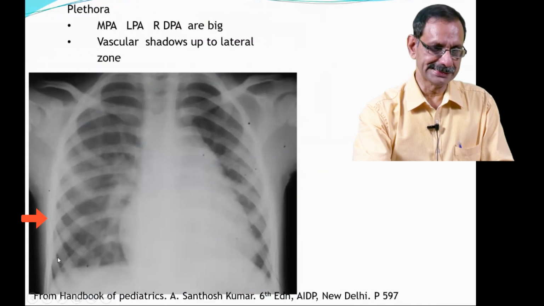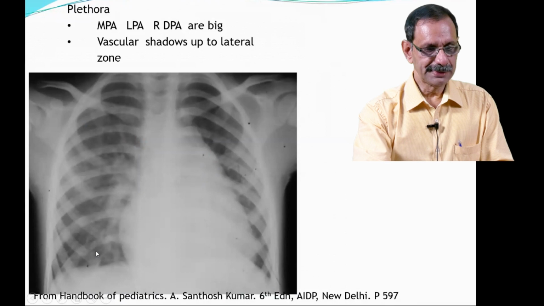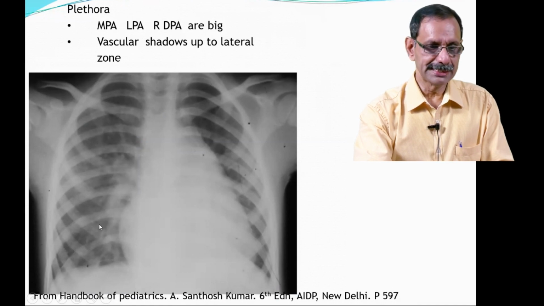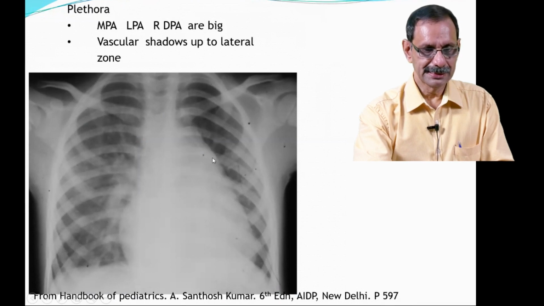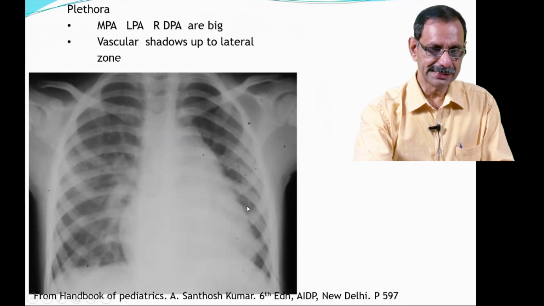This should be less dense. So, this possibly means that this is a case of increased vascularity, and the right descending pulmonary artery is quite big. Pulmonary artery is bulging out here, and here possibly a left atrial appendage is also there, because we are not really finding the concavity.